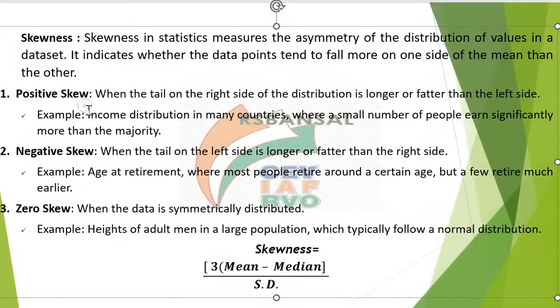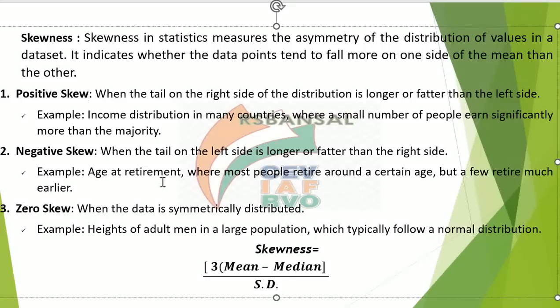First one is positive skewness, when the tail on the right side of the distribution is longer or fatter than the left side. For example, income distribution in many countries, where a small number of people earn significantly more than the majority. Next is negative skew, when the tail on the left side is longer or fatter than the right side.